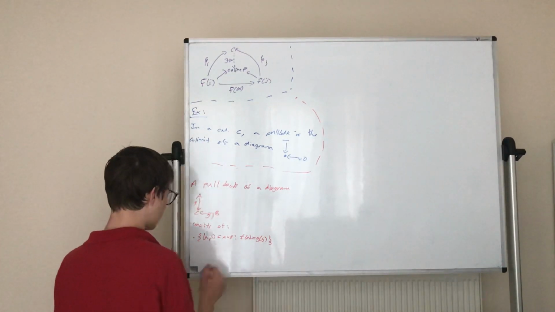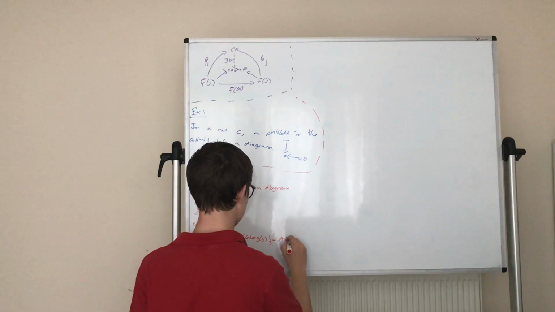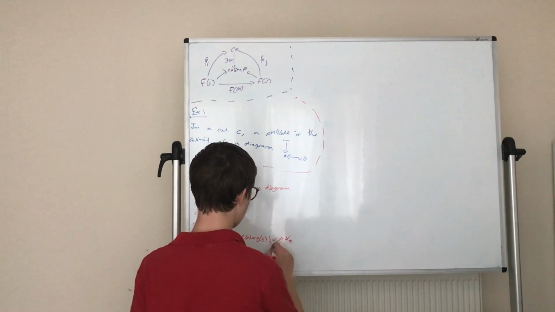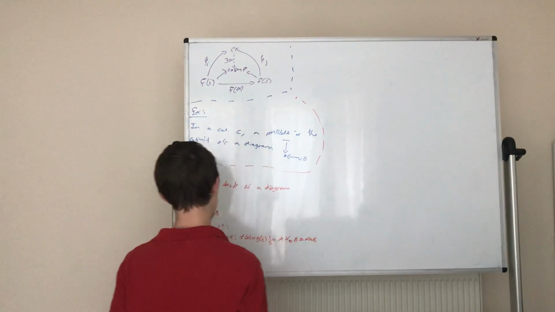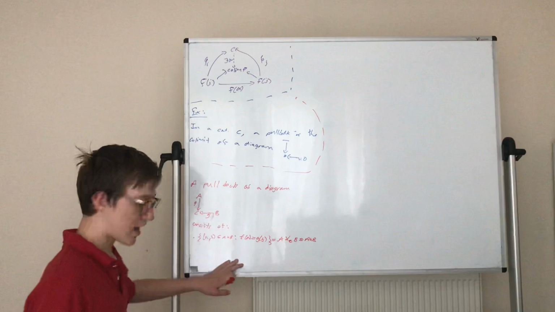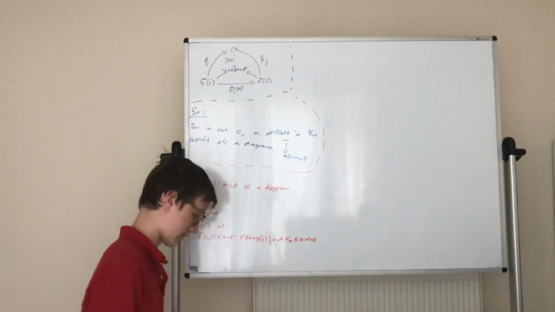This object is denoted A cross with a little subscript C, B, and it consists of projections which satisfy the universal property.